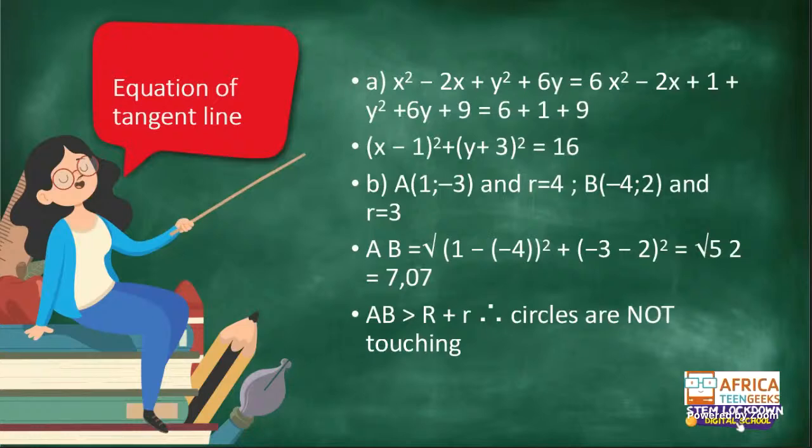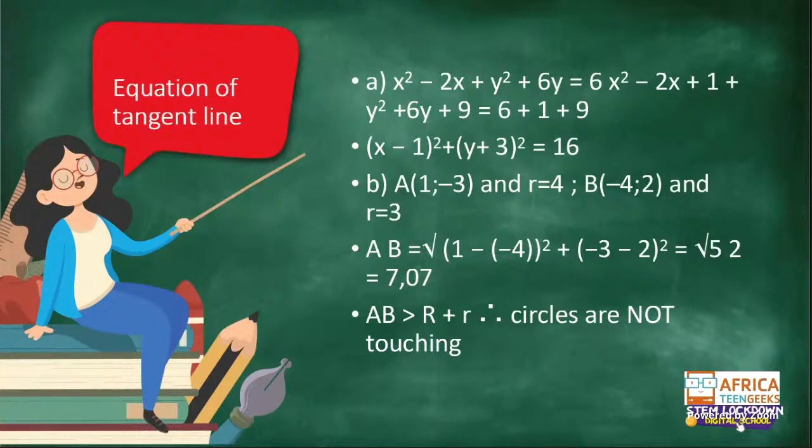Okay, now the question is to find out whether the circles are meeting. I repeat again, to find out whether the circles are meeting, we're going to look at the fact that there are 3 instances, which we're going to see in the next slides. So to find out whether the circles are touching or not, you first look at the distance between A and B. That's the one that you calculate.